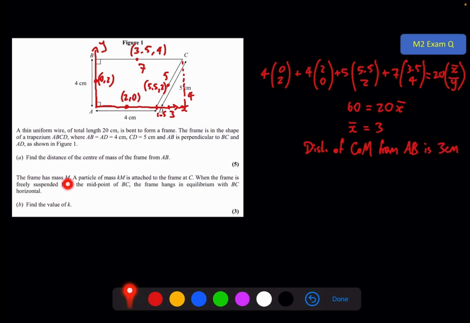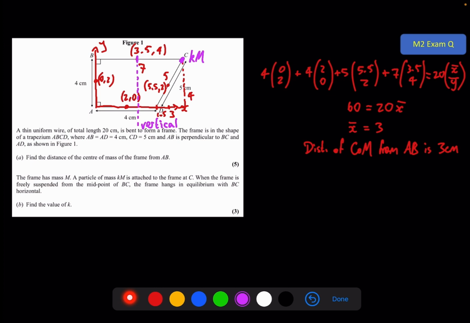The frame has mass m, and a particle of mass km is attached to the frame at C. When the frame is freely suspended from the midpoint of BC, the frame hangs in equilibrium with BC horizontal. So this is vertical down here. And we know the center of mass of the frame is 3 something.